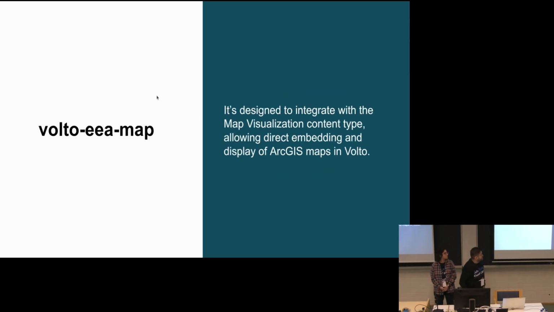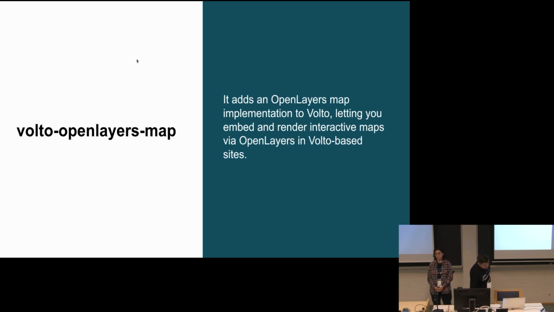Volto EEA map, like the name says, integrates maps in a map visualization content type, so you can embed and display ArcGIS maps into Volto. Another add-on for integration of maps is Volto OpenLayers map. The difference is that we use OpenLayers here, but it's pretty much the same.